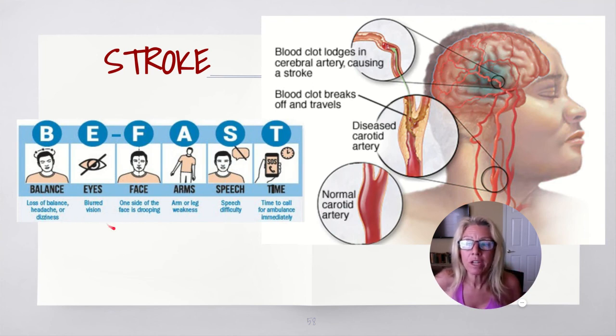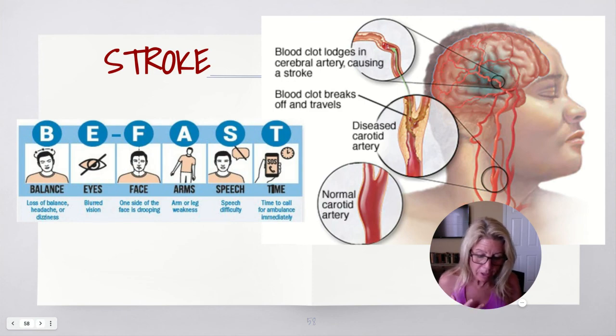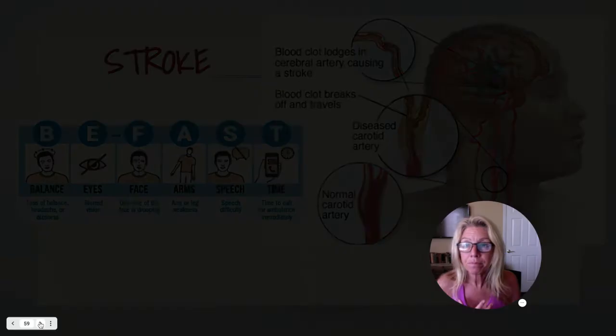Okay. One side of the face could start to droop, arm or leg weakness, speech difficulty, and the coordination of that. Then it's time to call an ambulance immediately. The sooner that they can address that, the better on a stroke. So you want to be fast about it. So a stroke is a loss of blood to brain tissue and then loss of function in that area.